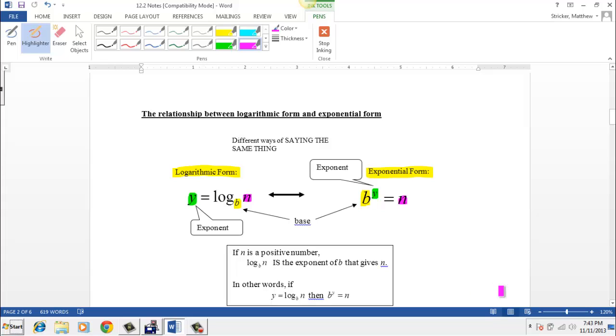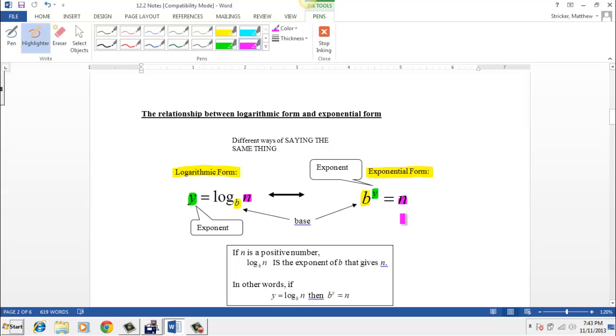Notice that the log is equal to y, and y is the power. So if we're taking the log of some number n, that tells us the power y that we have to raise our base b to get that number. That's the kind of thinking we're going to use when we're talking about logarithmic form.